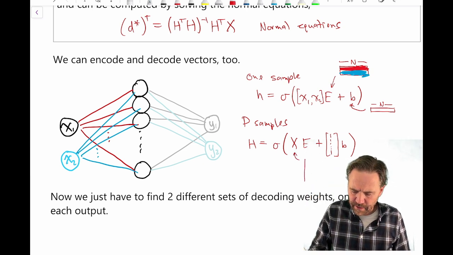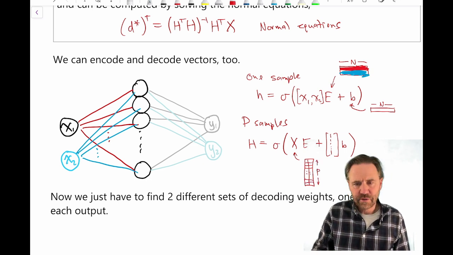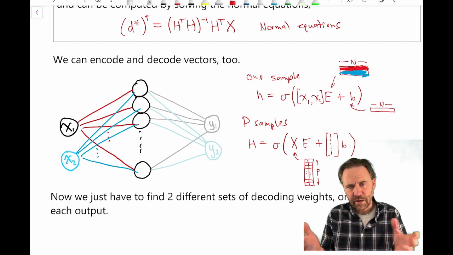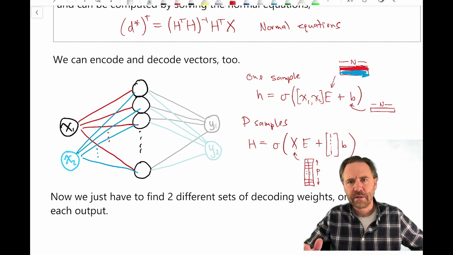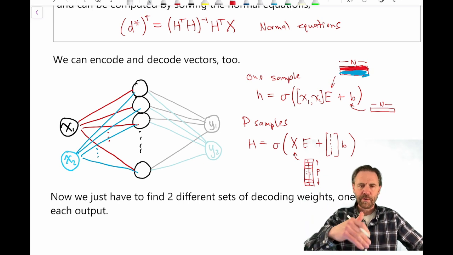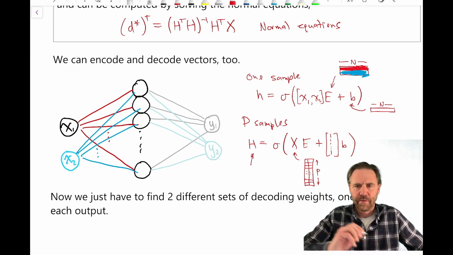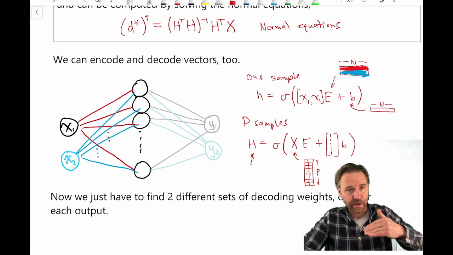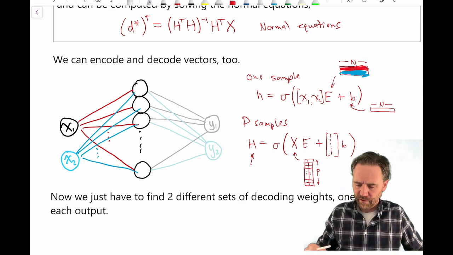Now each sample is a 2 vector, right? So it's going to be p tall and 2 wide. So this way we can process our whole input data set or batch of inputs, whatever, and encode them into a single activation matrix that records all of our hidden nodes for all of our samples.